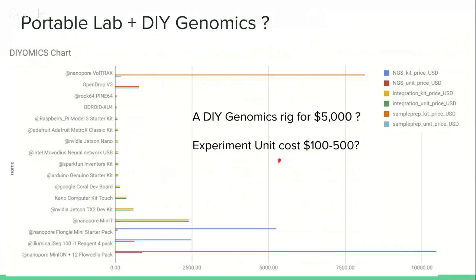And then the questions or the challenges here are: are we at the point where someone can devise a DIY genomics rig for, let's say, $5,000, including some sequencing equipment, some compute equipment, some sample prep equipment, DNA quantification equipment? And can someone come up with a DIY genomics rig where the experiment unit cost each time you want to do a sample is around $100 or $500?